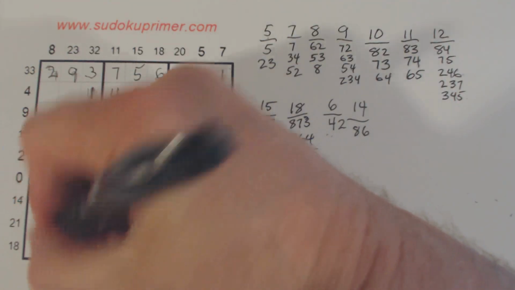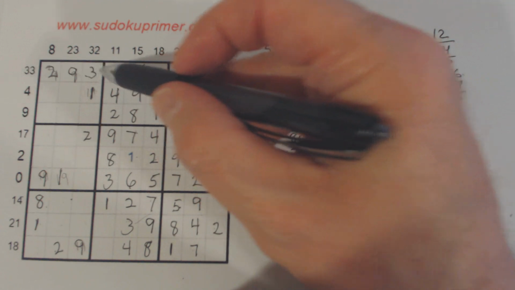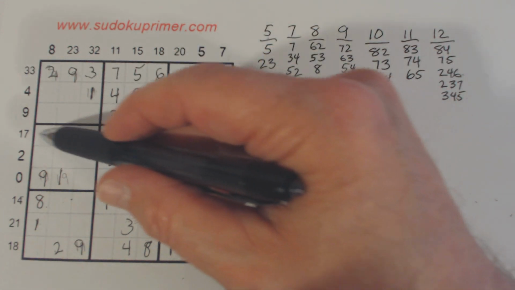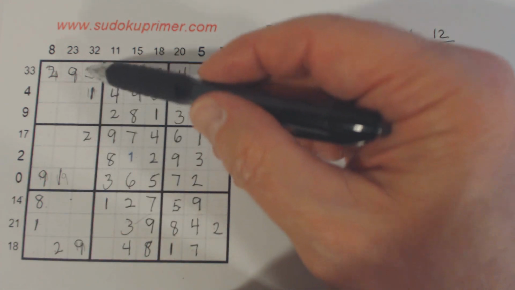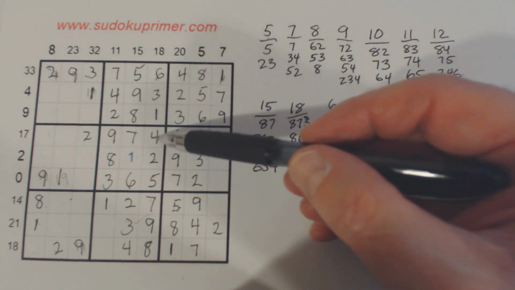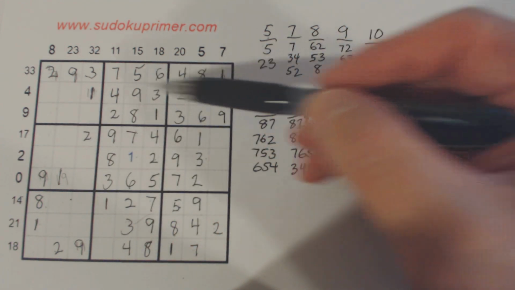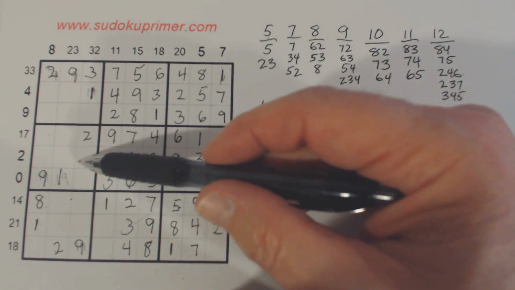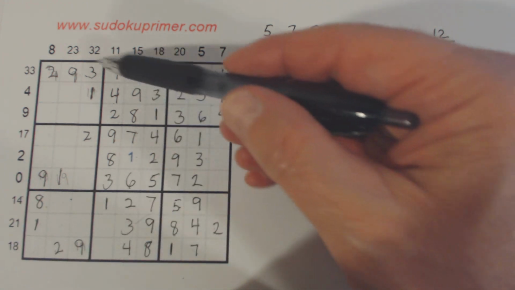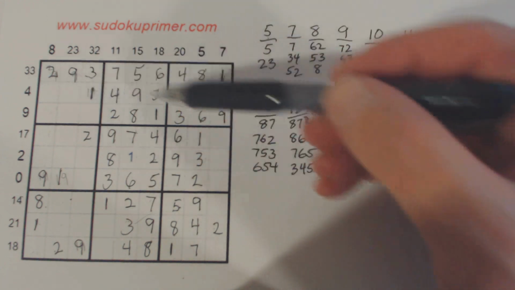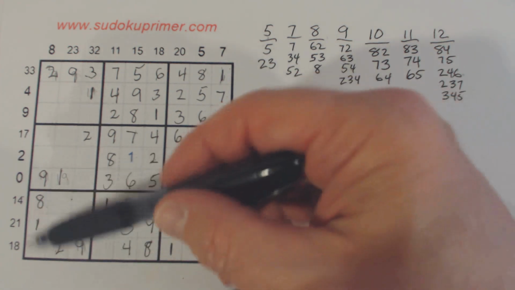There's a 2 right there, and therefore a 2 right there. 3s, 4s, 5s, 6s. 6 anywhere there, 7s.